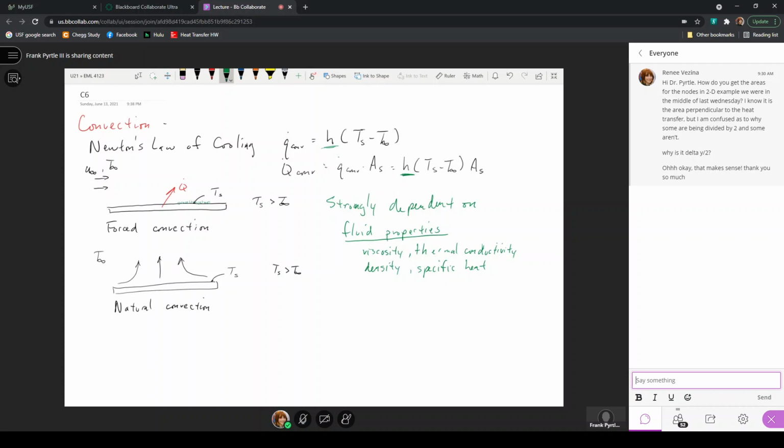That heat flux through those molecules is defined by conduction, not by the heat transfer coefficient. So the thermal conductivity becomes a quantity that has to be considered.